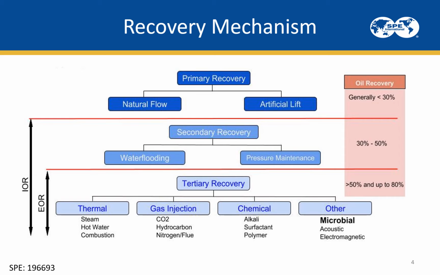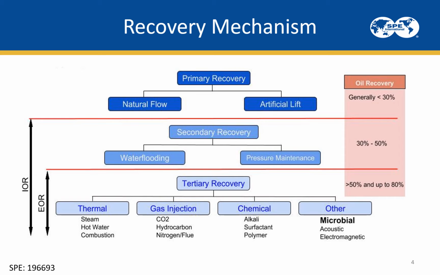The secondary recovery is mainly for pressure maintenance when we have low pressure in some reservoirs. This pressure maintenance could be by water flooding or gas injection, and from secondary recovery we can recover 30% to 50% of the oil. Finally, we have tertiary recovery, from which we can recover 50 to 80% of our oil.